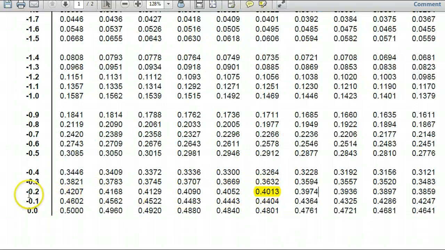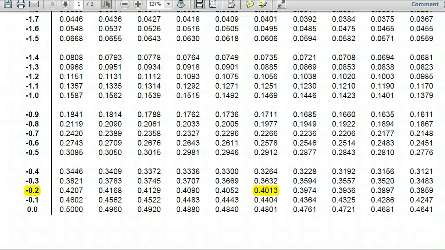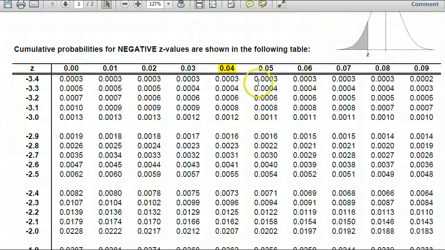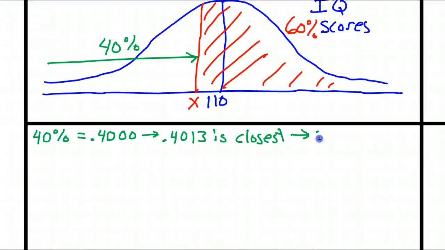Looking to the left, I have negative 0.2. Negative 0.2 what? Looking above, that's negative 0.25. So z is equal to negative 0.25.